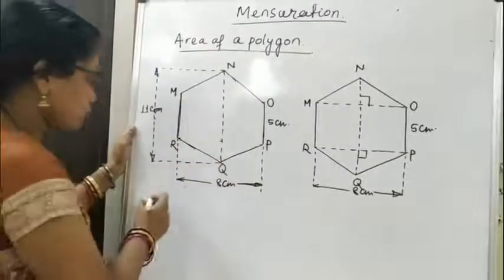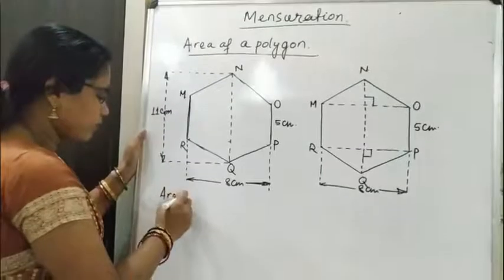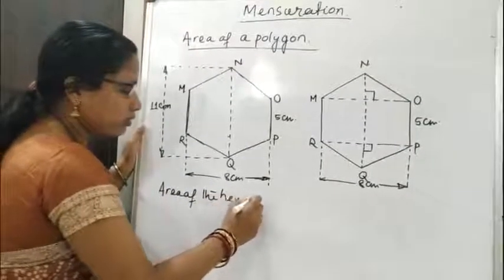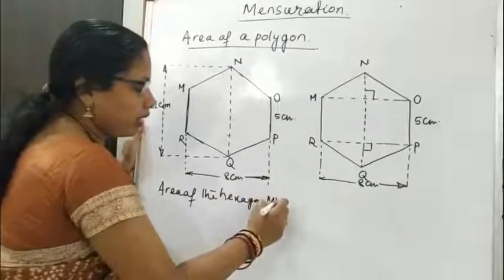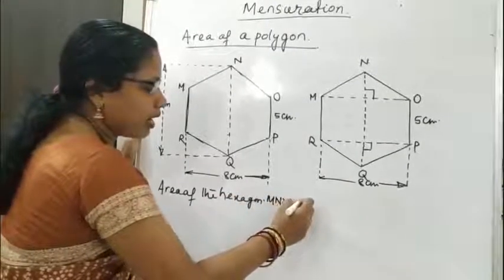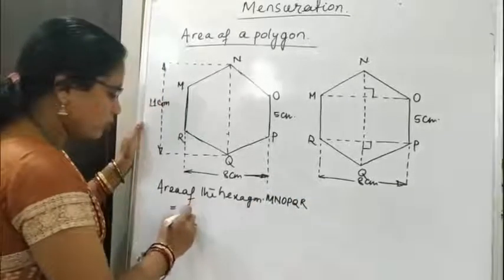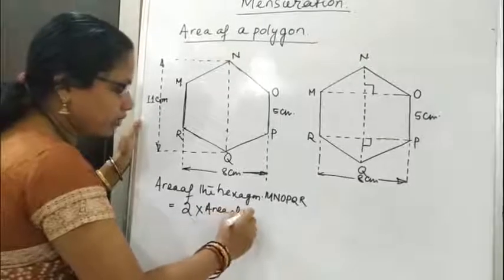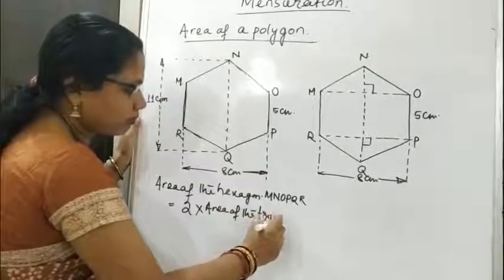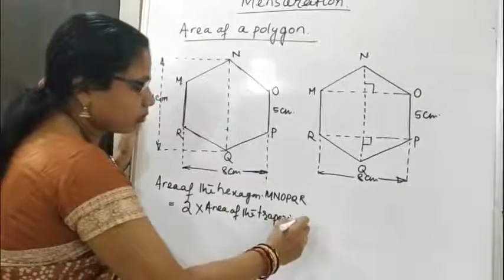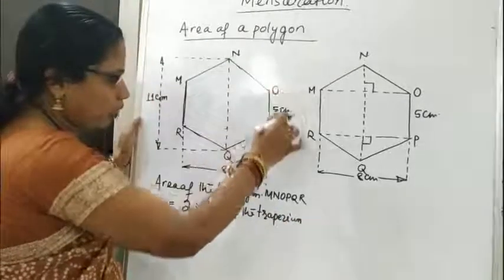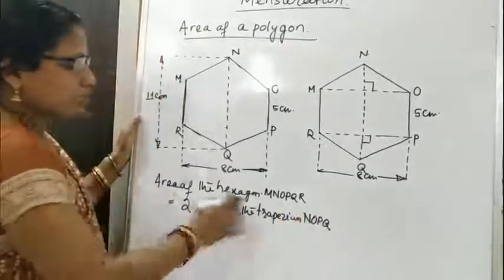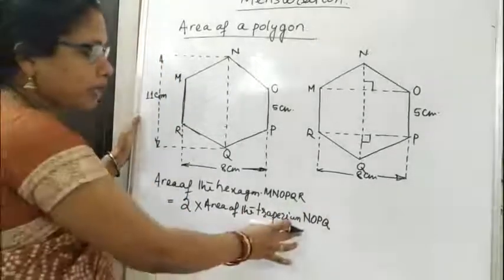So the area of hexagon MNOPQR is equal to 2 into the area of trapezium NOPQ. What is the area of trapezium NOPQ?